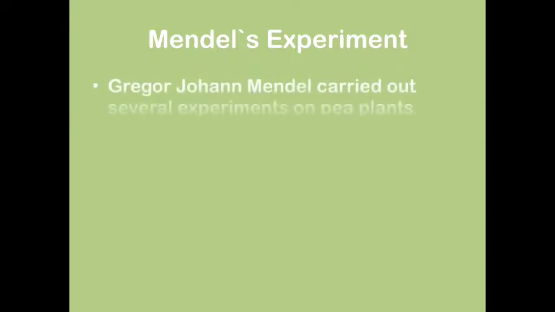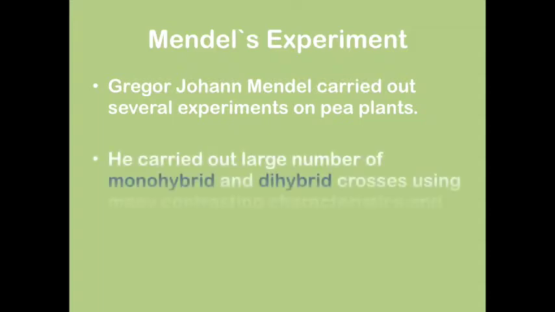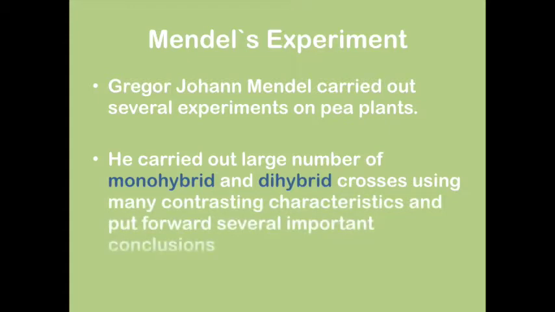So Gregor Johann Mendel carried out several experiments on pea plants. He carried out a large number of monohybrid and dihybrid crosses using many contrasting characteristics and put forward several important conclusions. Okay. I hope it's clear till now.